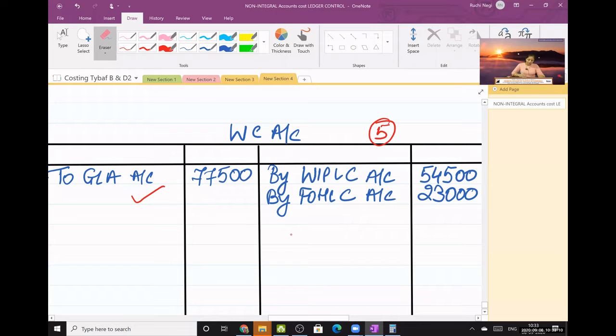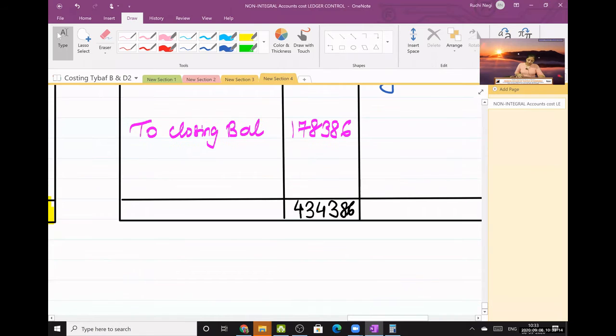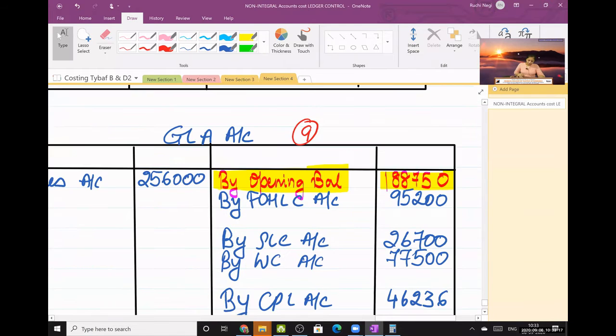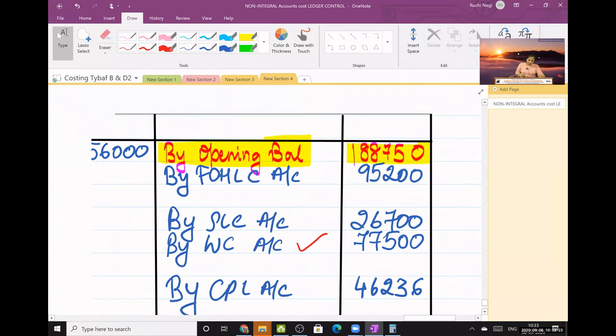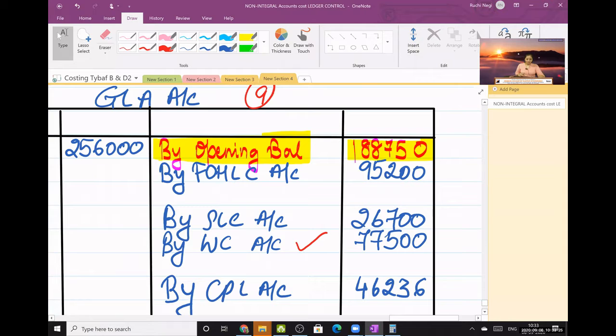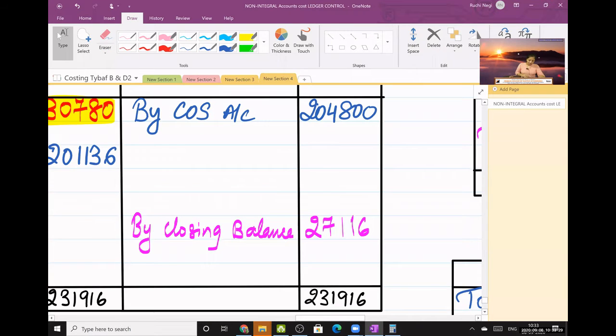Give the relevant second effect. Credit side of GLA by wage control, 77,500, and the charge second effect.